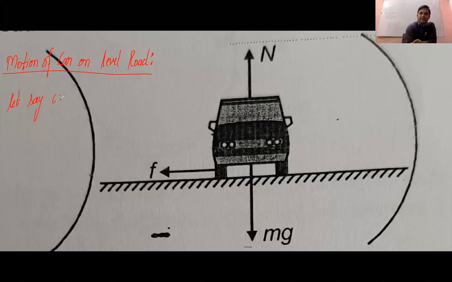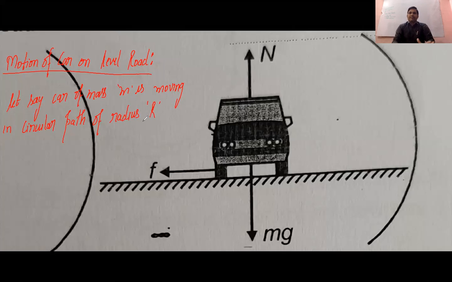a car of mass m is moving in a circular path of radius r.